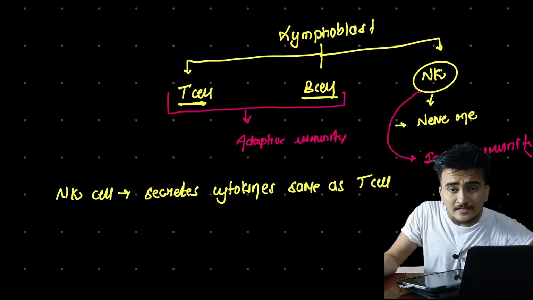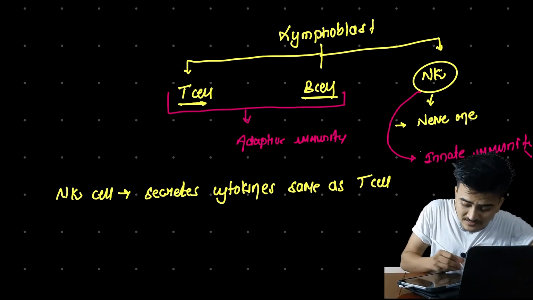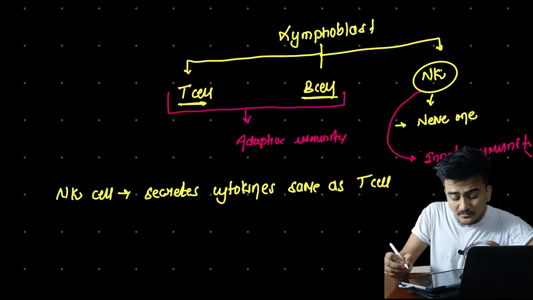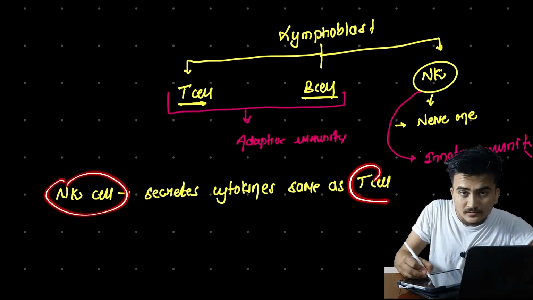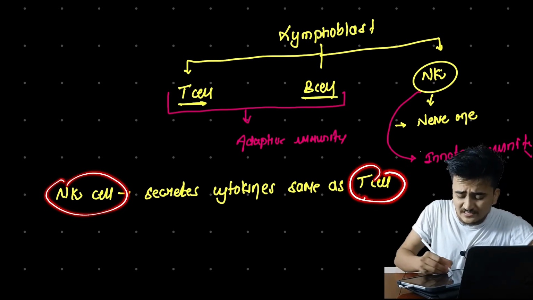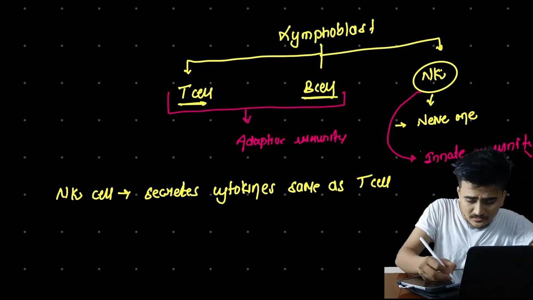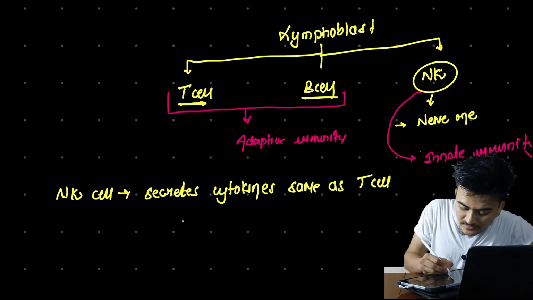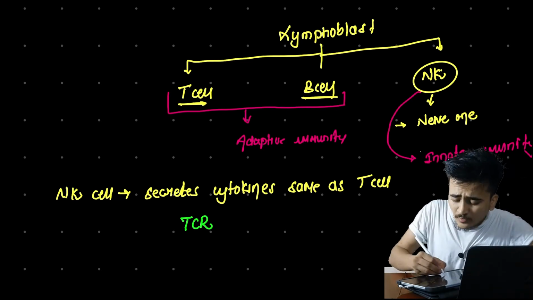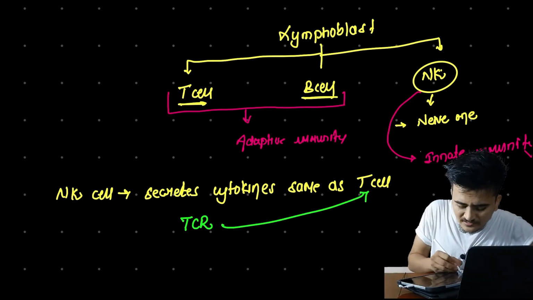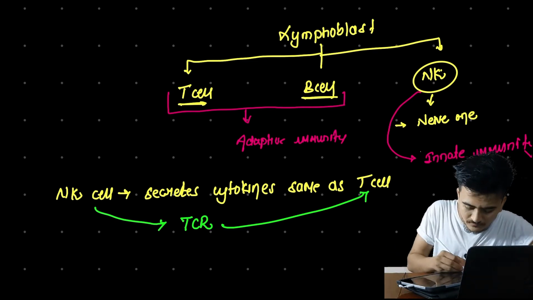Then what differentiates NK cells and T cells if they are functionally similar? It is all about the TCR. T cell receptors are only present in T cells, but they are not present in NK cells, and that is what differentiates them from T cells.